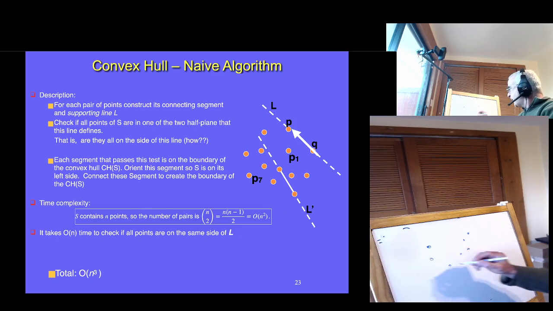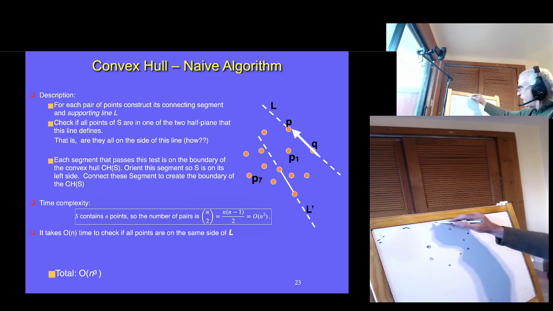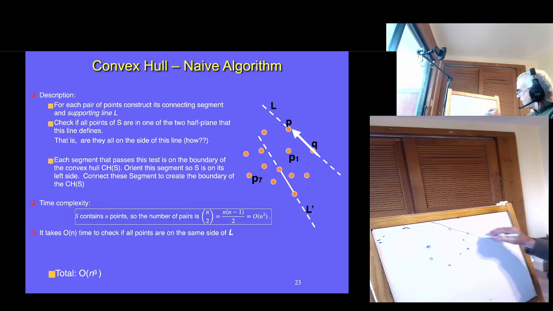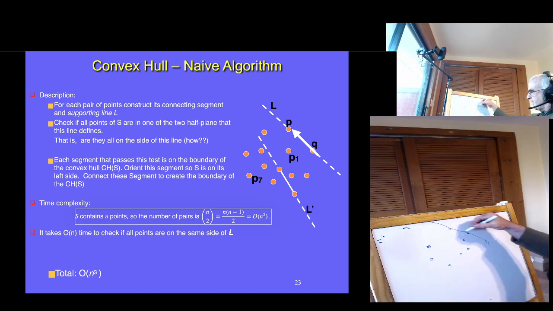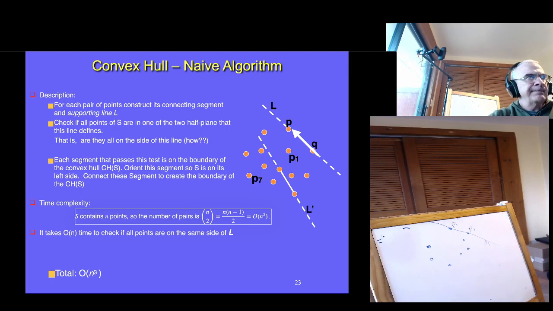I want to check which lines are interesting. Interesting means that all the points are either on this line or on one side of this line, because this line contains an edge from Pi to Pj. It contains an edge of the convex hull, obviously.